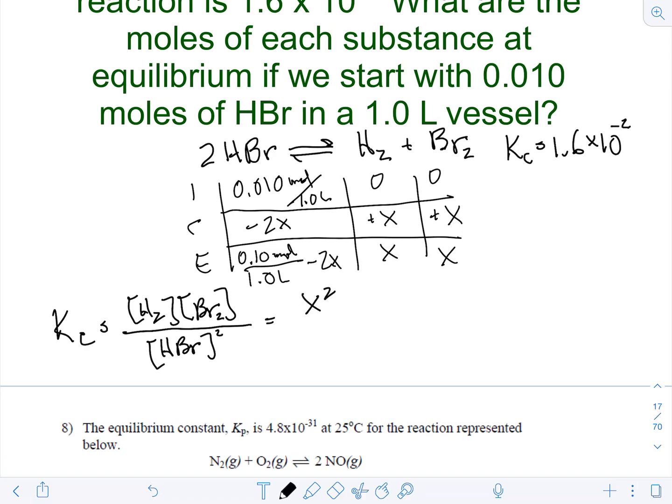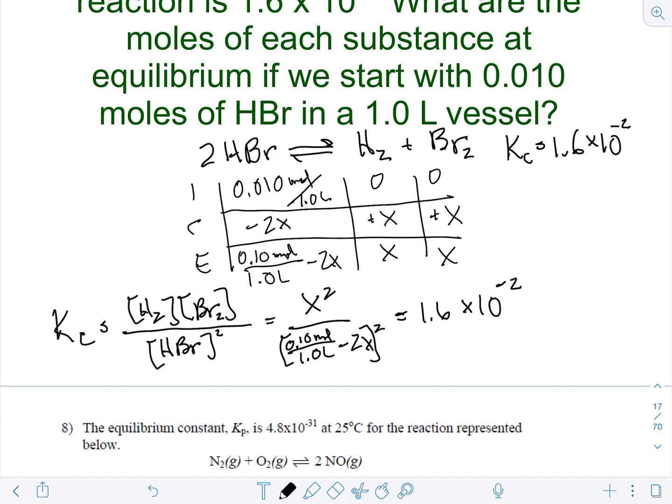So I'm going to say x squared, because x times x is x squared, over 0.10 moles over 1 liter minus 2x, and that is squared. Okay? And I'm going to set that equal to the Kc, which is 1.6 times 10 to the negative second.